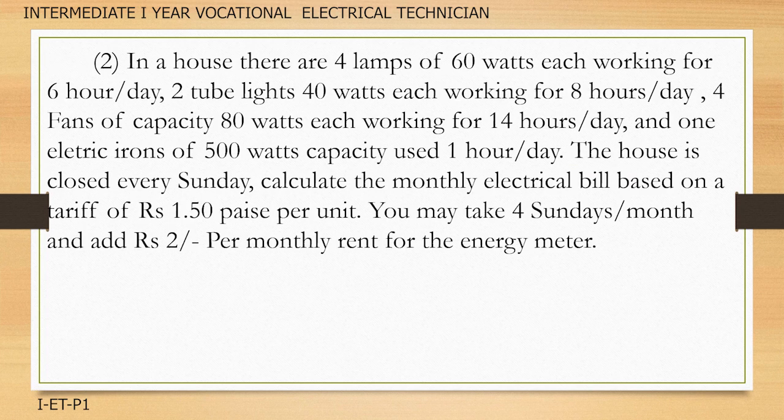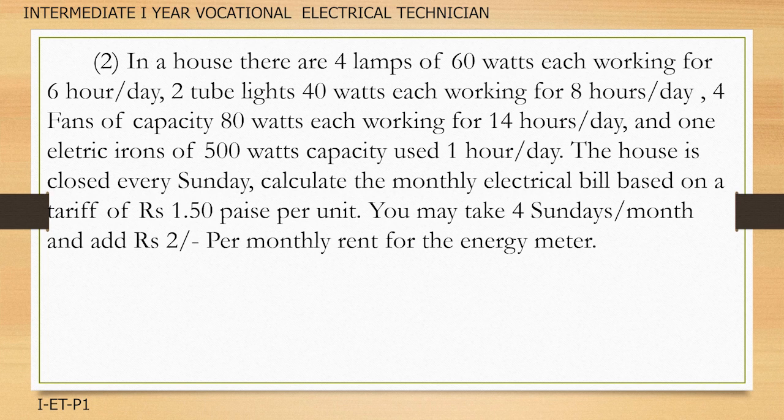Next, second problem. In a house, there are 4 lamps of 60 watts each working for 6 hours per day, 2 tube lights of 40 watts each working for 8 hours per day, 4 fans of capacity 80 watts each working for 14 hours per day, and 1 electric iron of 500 watts capacity used for 1 hour per day.